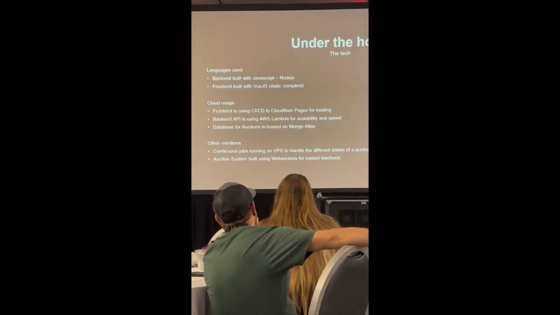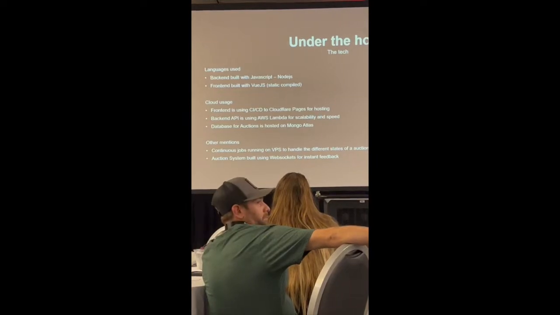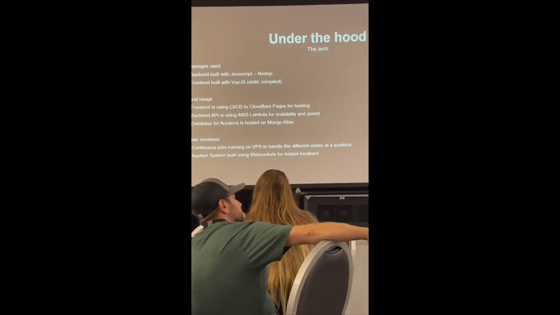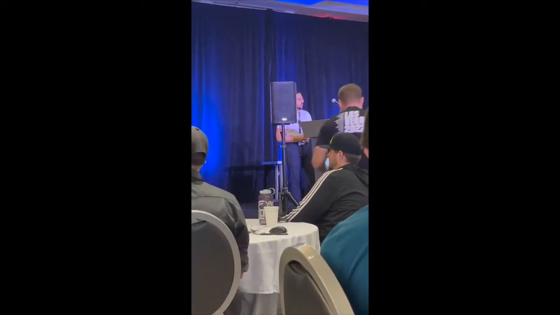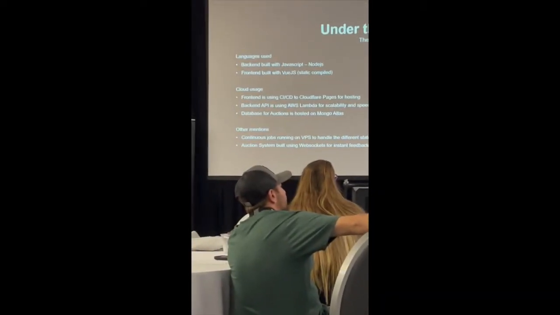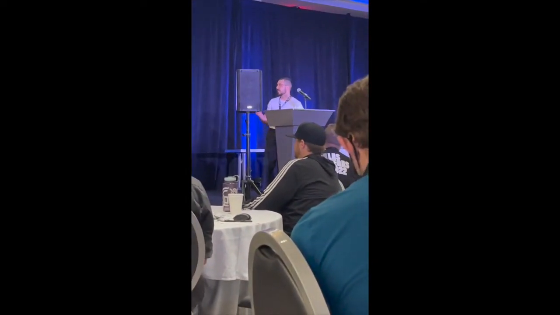And the backend API is using AWS Lambda for scalability and speed. The database we use is MongoDB, and it's hosted on MongoDB Atlas. And other mentions are that we have continuous jobs running on virtual private servers that handle the state of an auction. And the auction system is built using Websockets.